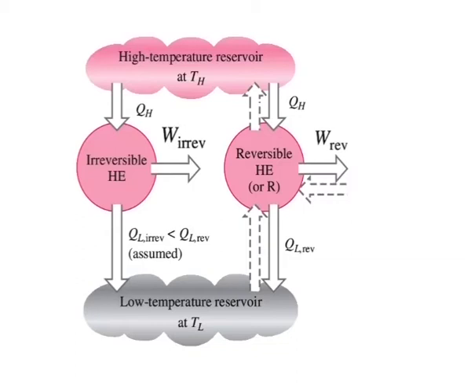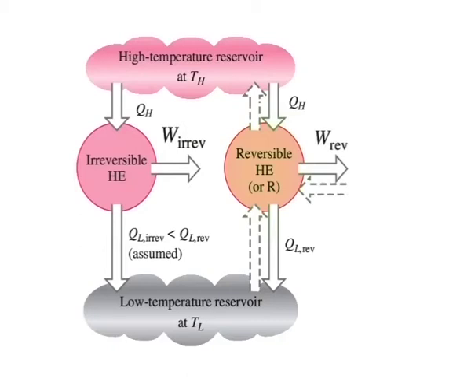Now let the reversible heat engine be reversed and operate as a refrigerator. This refrigerator will receive a work input of W reversible and reject heat to the high temperature reservoir.